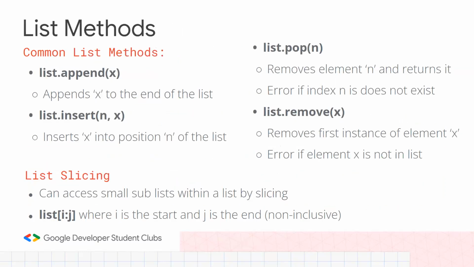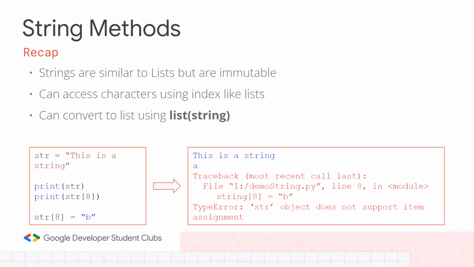All right, now we're going to move on to string methods. Just to recap, strings are similar to lists, but they're immutable. What that means is you can't change an element in a string. We'll get to an example of that.